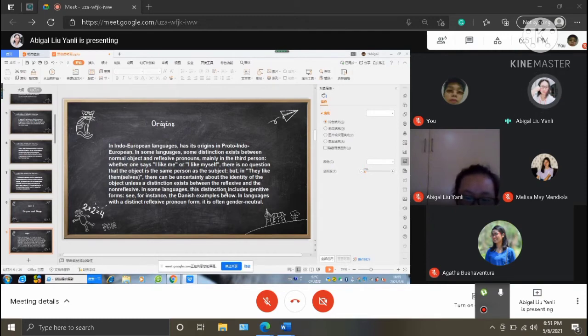In Danish, for example, in languages which have a distinct reflexive pronoun form, it is often gender neutral.